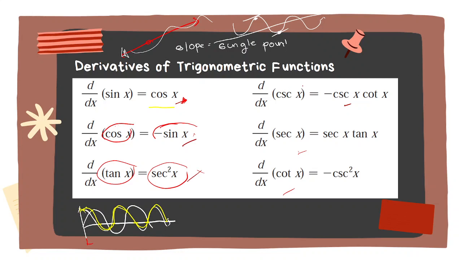However, for cosecant x, we have negative cosecant x cot x, and for sec x, sec x tan x. Then sa cot x, ang kanyang derivative ay negative cosecant squared x. So just tell me if you already finished copying. Tapos na po sir.